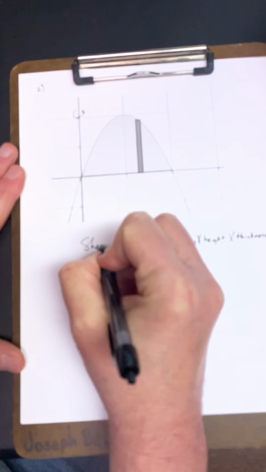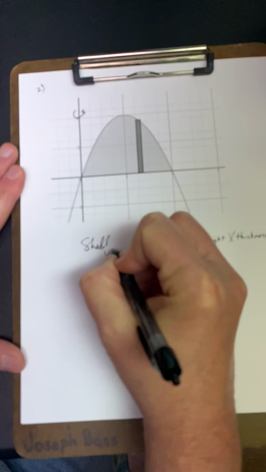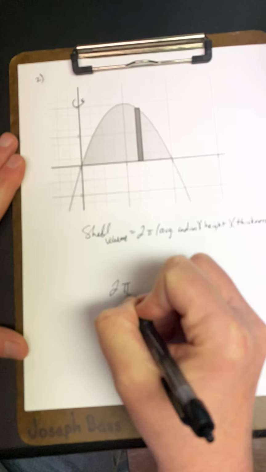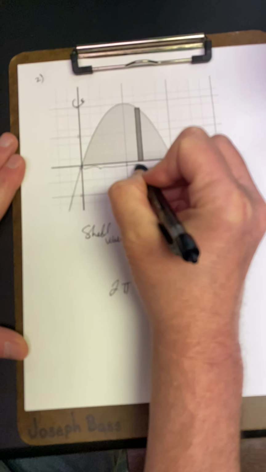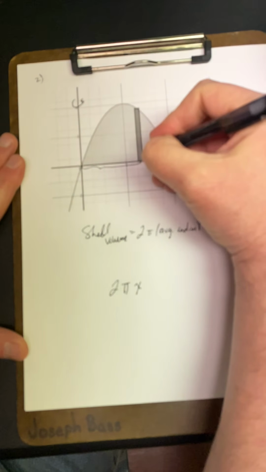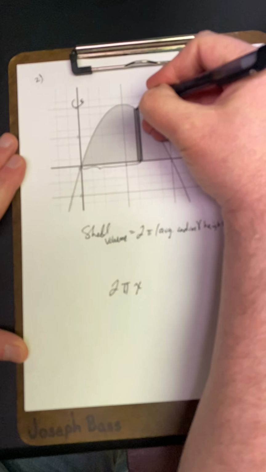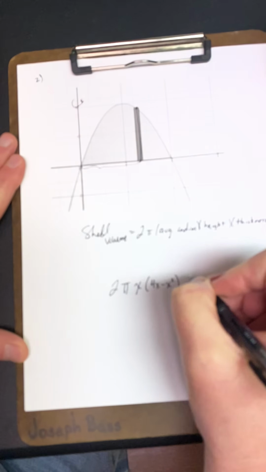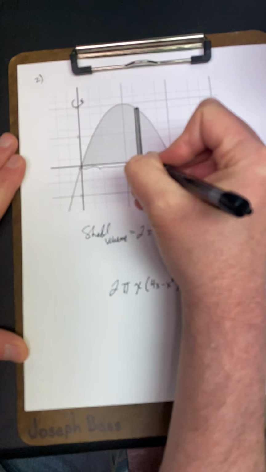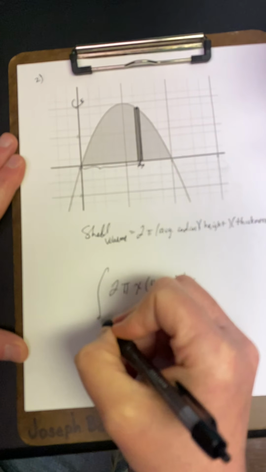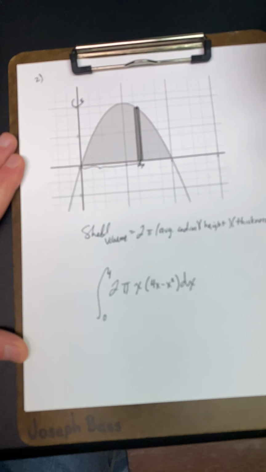So that's the volume of a shell. In this case, it's 2 pi, average radius, the distance from here out to the middle of the rectangle, which we call x. The height is the function value. The thickness of that shell will be dx. Add them up, take a limit, integral from 0 to 4.